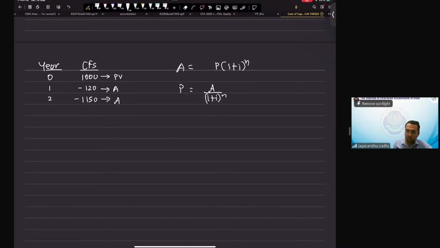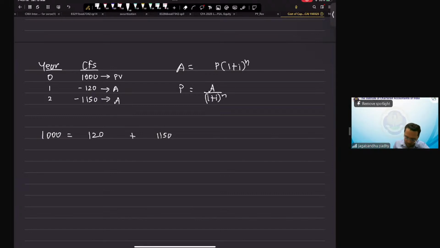So same way, in our example, 1,000 is equal to present value of 120 and present value of 1150.